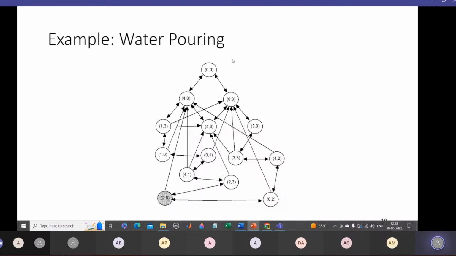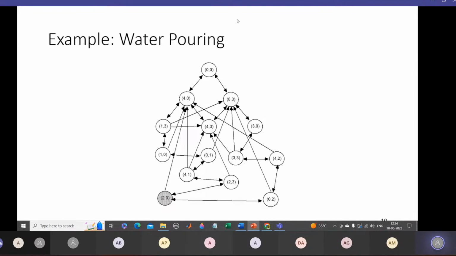Yes. Okay, one of them I'll explain. Initially both the buckets, 4 liter and 3 liter, are empty. Now I am pouring water into the 3 liter bucket and filling it.